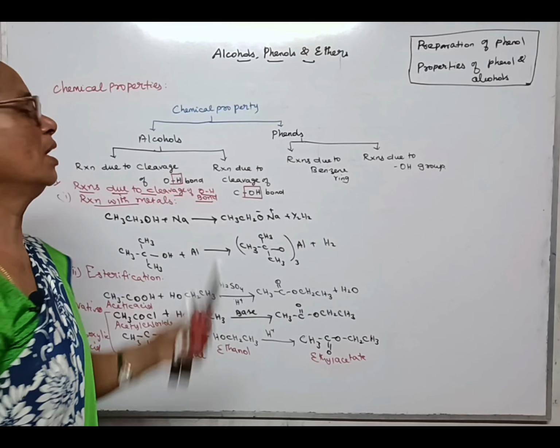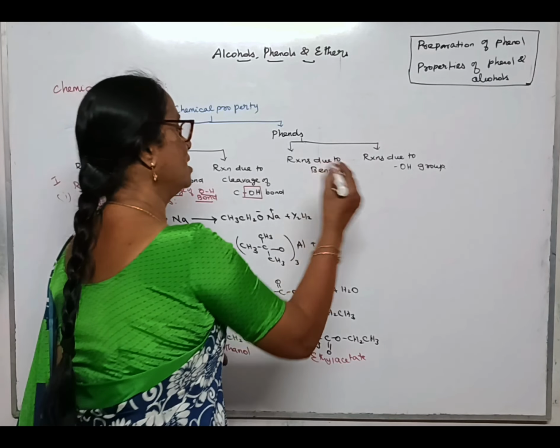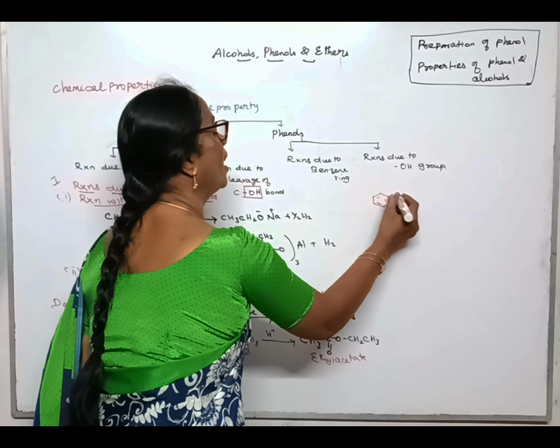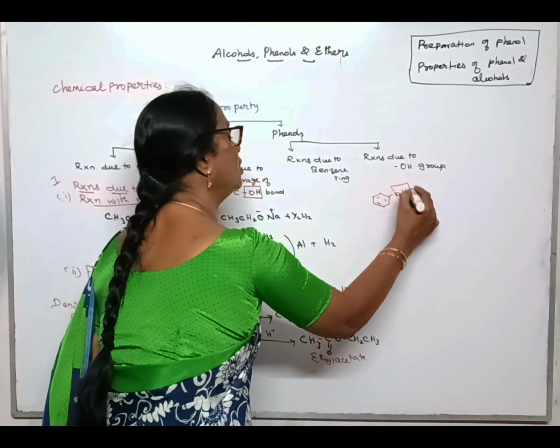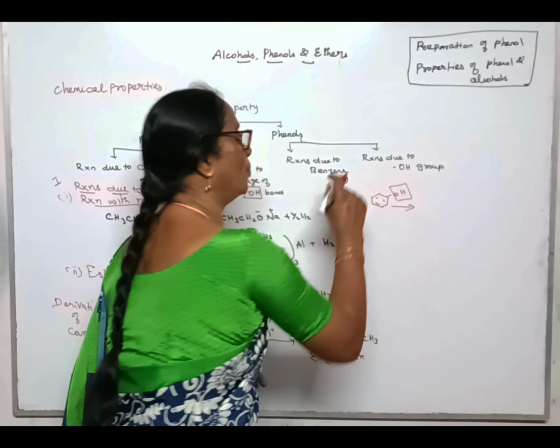Similarly, in phenol we have a benzene ring with an OH group. So, phenol may undergo reactions due to the OH group, and also reactions due to the benzene ring.